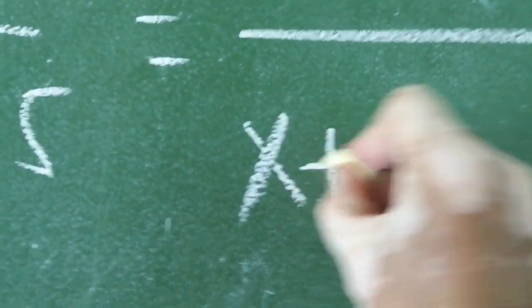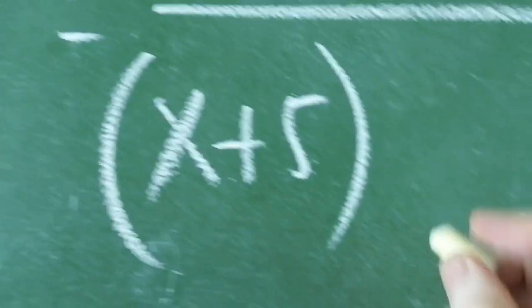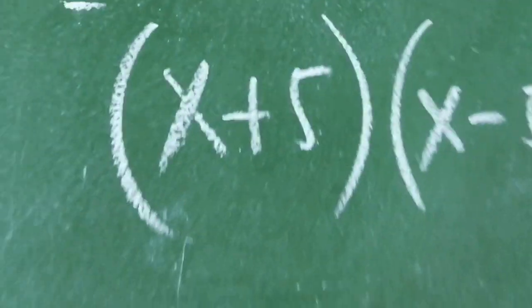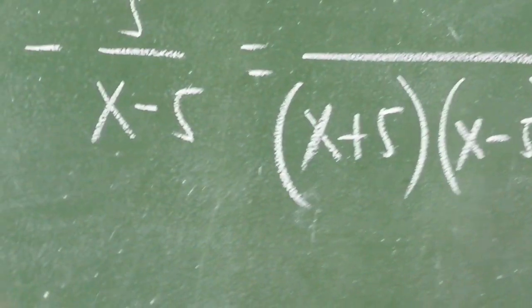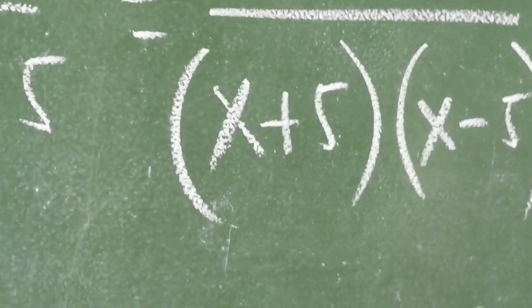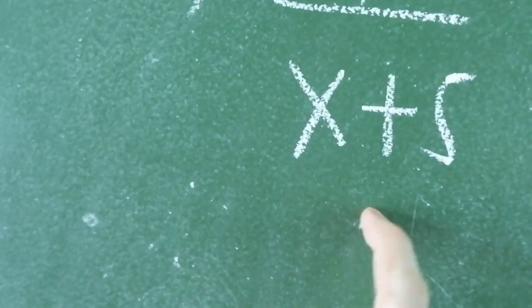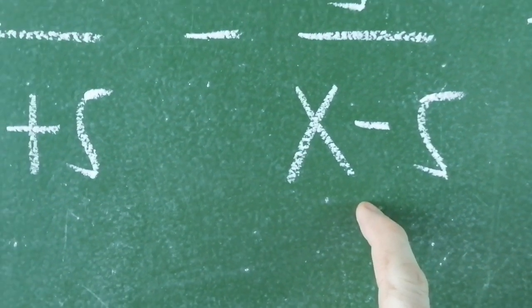So x plus 5 times x minus 5. Okay, like before. The LCD divided by the denominator x plus 5. So what remains is x minus 5. You multiply that to x.